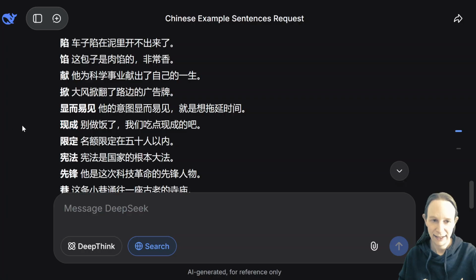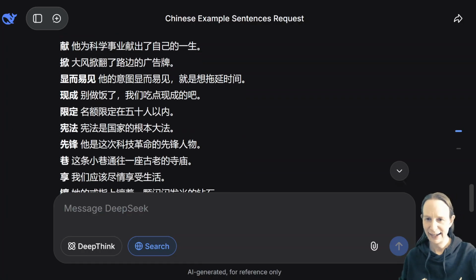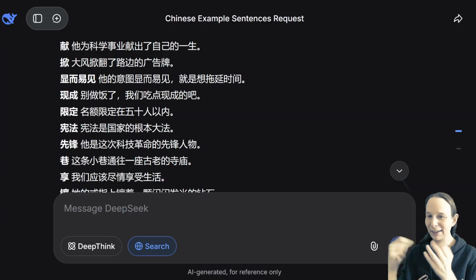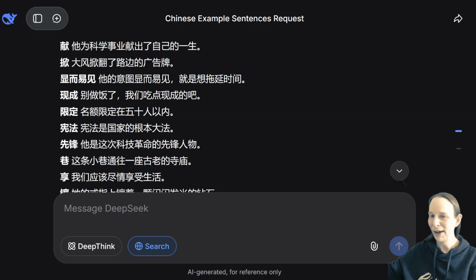现成. So 现成 is an adjective describing things that are made immediately, right? So there's 2 types of food. For example, you go to a restaurant and the food can already be on the shelf and you just buy that. And that's 现成, right?